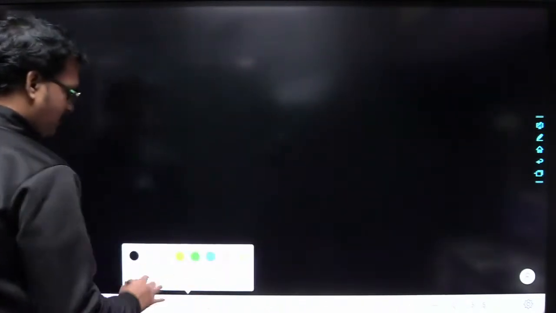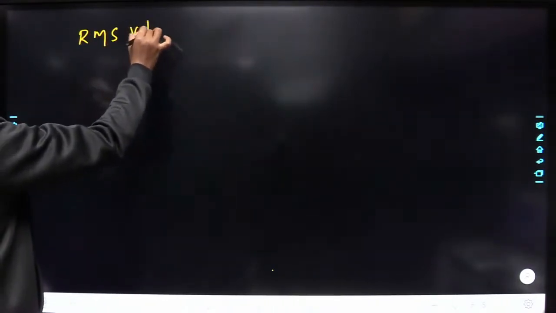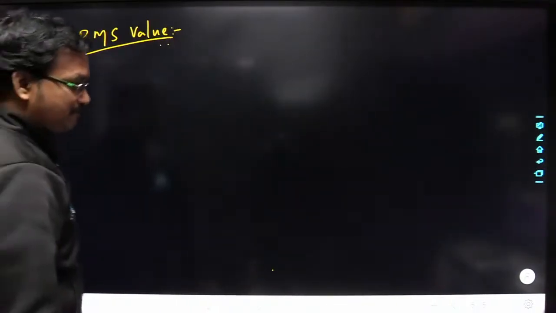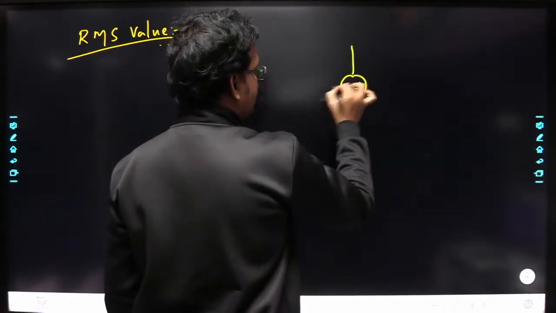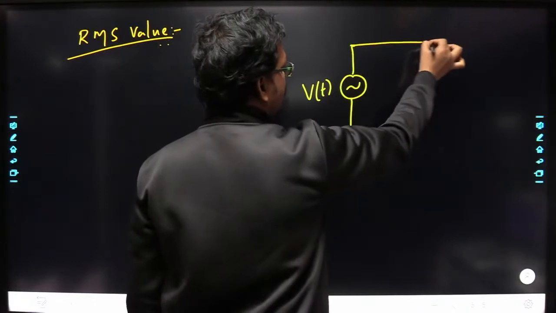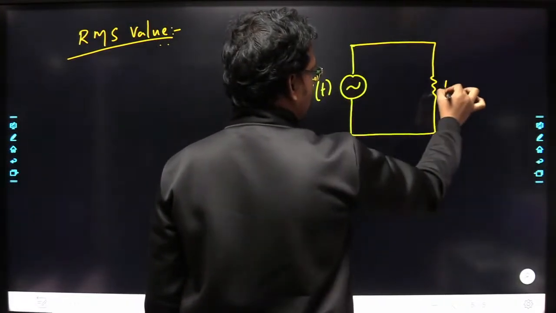Next we will see what is the purpose of determining RMS value. Okay, see here. Now suppose I am considering a circuit here. Let us say here it is V of t, and here you are having a resistor R. Right.